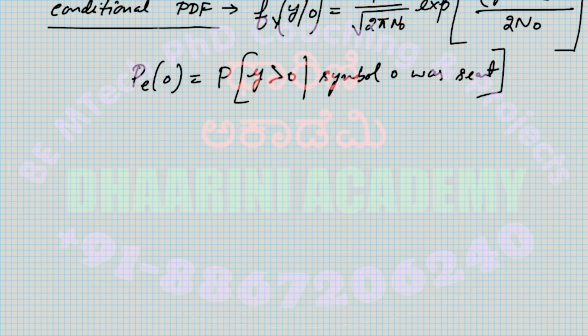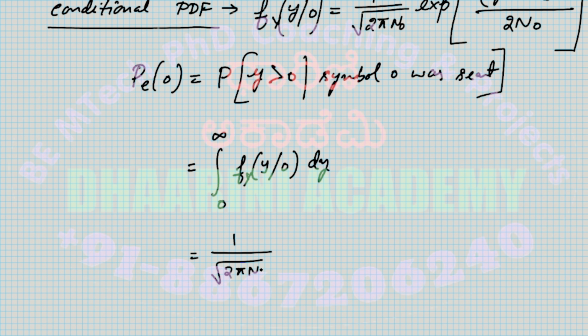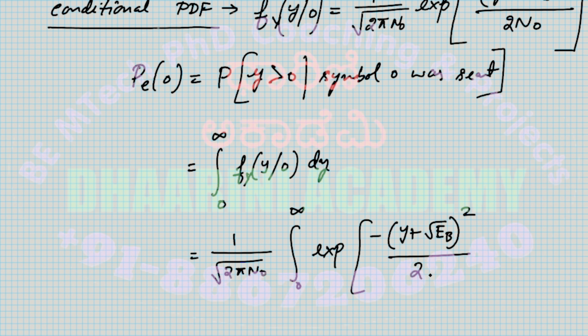So this is equal to integral 0 to infinity of the PDF Fy of y given that 0, into dy. Let us substitute. So this is equal to 1 divided by root of 2 pi n naught, integral 0 to infinity, exponential of minus of y plus root Eb the whole square divided by 2 times n naught, times dy.